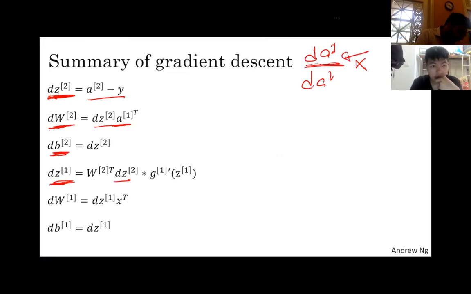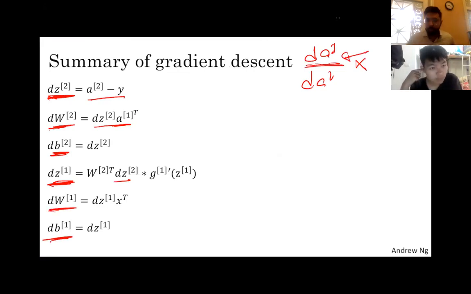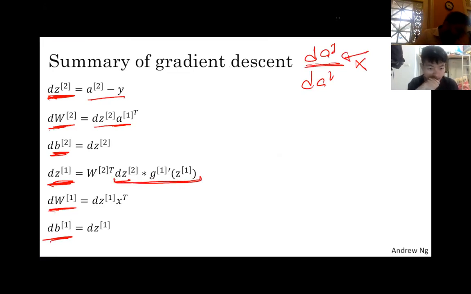You need to store dz1, and based on dz1, you can calculate dw1 and db1. Okay. Does it make sense to everyone? So implicitly, they have dz1. So this thing is actually dz1, but they haven't explicitly stored it. They just calculate it at runtime.